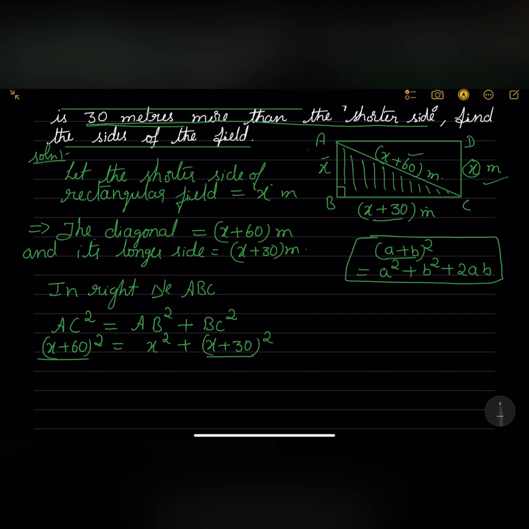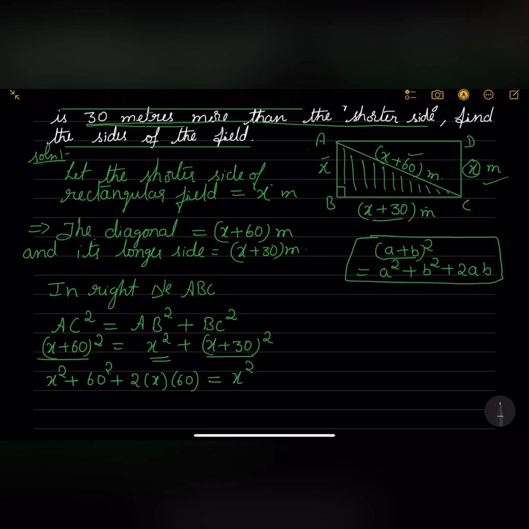So it will be x squared plus 60 squared plus 2 into 60 into x, is equal to x squared plus, now x plus 30 whole squared. Again we can apply the same formula. It is x squared plus 30 squared plus 2 into x into 30.